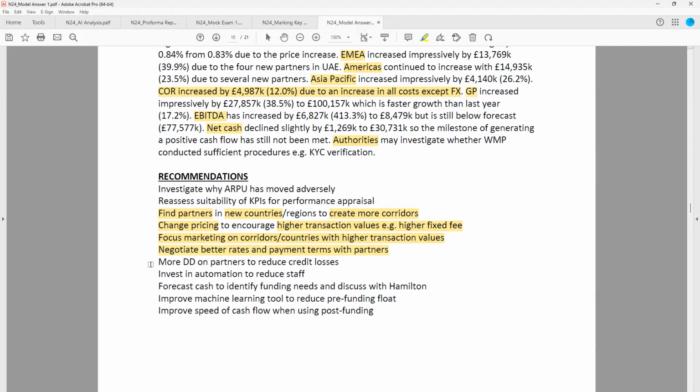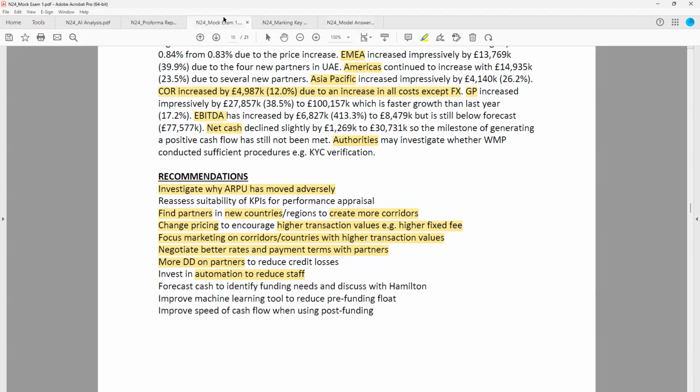There was an issue with the credit loss provisions, so more due diligence on partners, perhaps. We saw some of the KPIs go down, so investigate why average revenue per user keeps going down. More of a generic one here about the suitability of the KPIs. So staff costs are going up, so invest in automation to reduce staff. And then some of the points as well around cash.